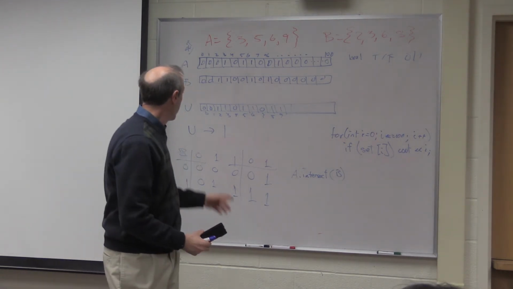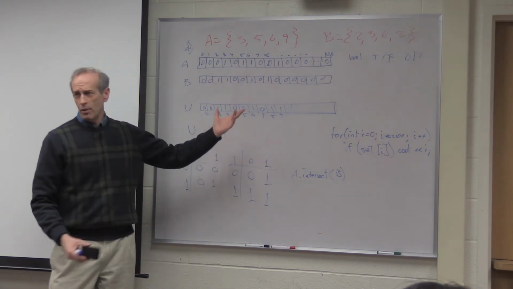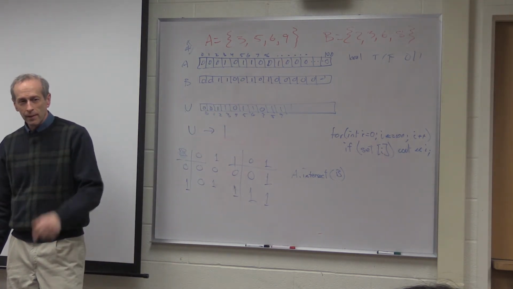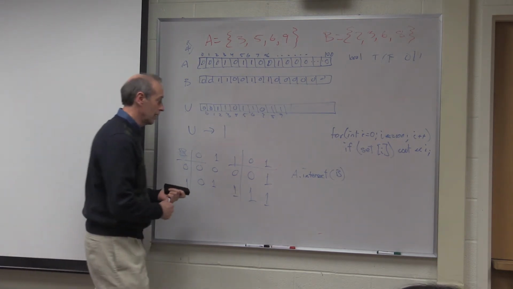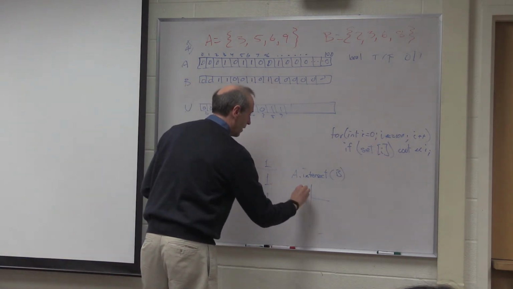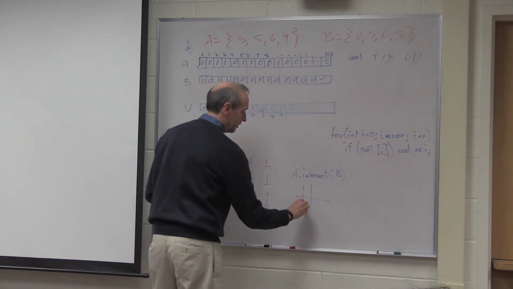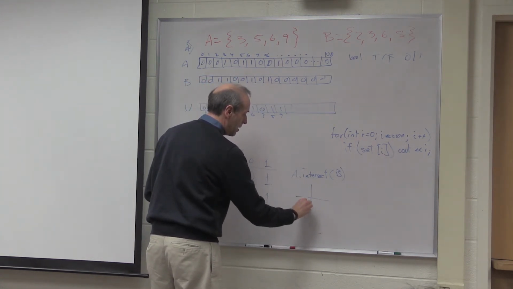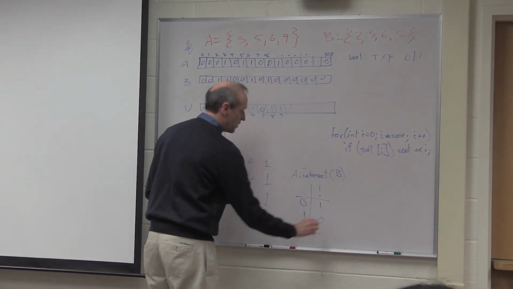So you implement or, you implement and, you can guess pretty easily how complement works. Use the exclamation point. So 0, 1, exclamation point is 1, 0.